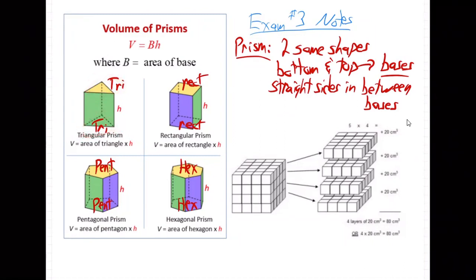You don't actually have to have straight sides, but let's just keep it simple for now. So two triangles with straight sides in between is called a triangular prism. Two rectangles, rectangular prism. Two pentagons, pentagonal prism. Two hexagons, hexagonal prism.